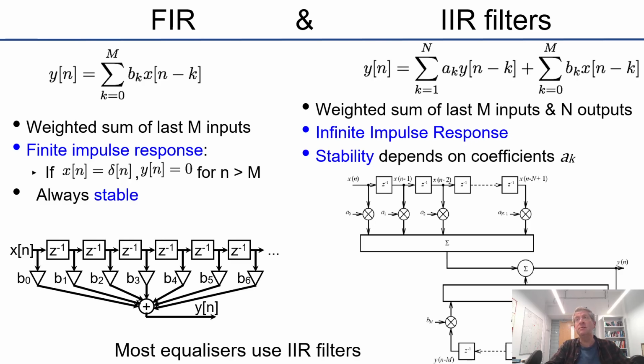Stability then depends on these weights, the coefficients associated with each previous output, and it can sometimes be complicated to determine if they are stable, but one should generally take care to produce stable filters.